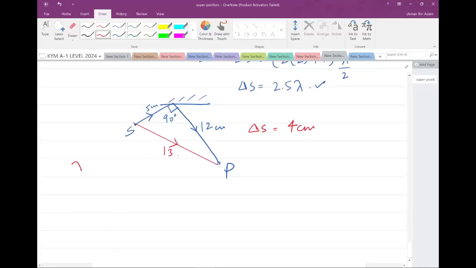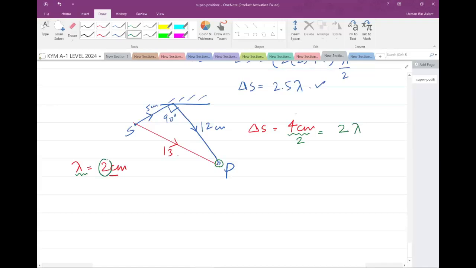If I tell you the wavelength was 2 centimeter, can you tell me if there will be a constructive interference at P or destructive? If the given wavelength is 2 and the path difference is 4, you just divide this path difference with the wavelength. That will give you delta S to be equal to 2 times the wavelength.